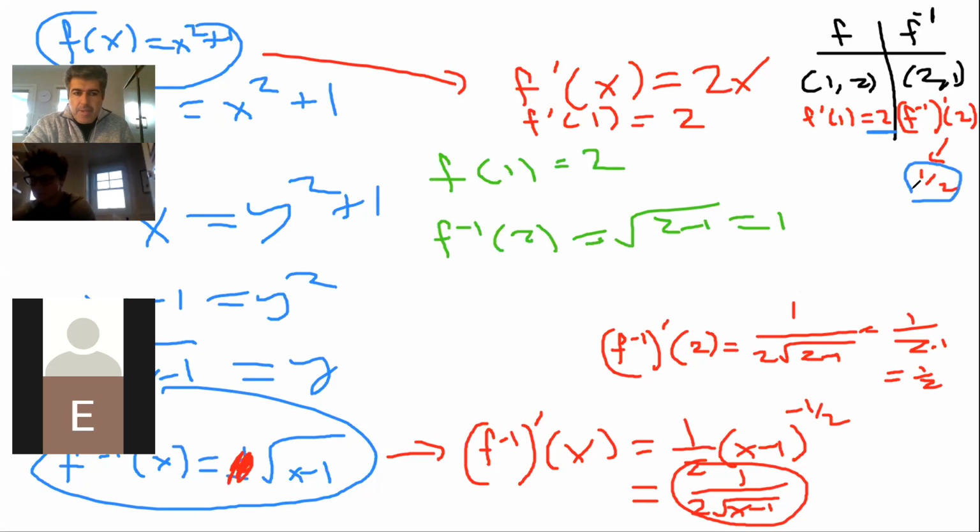And that's the expectation, that when you have the derivative of an inverse function in general, that derivative is going to be the reciprocal of the derivative of the original, but you do have to swap the inputs.